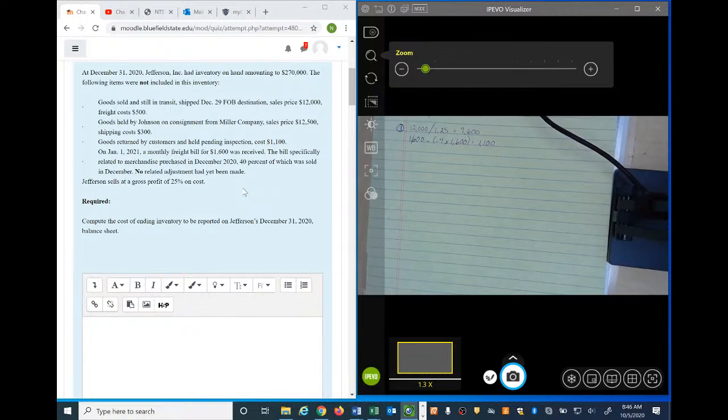So the cost of the ending inventory based upon all this: we know the beginning was 270, right? And then we want to add the 9,600 right here. Then add the 1,100 that we found right here.